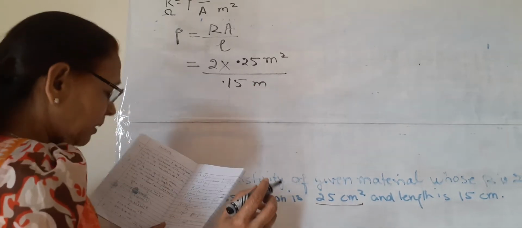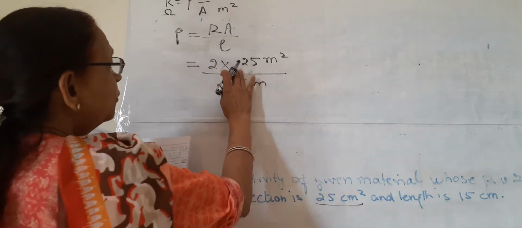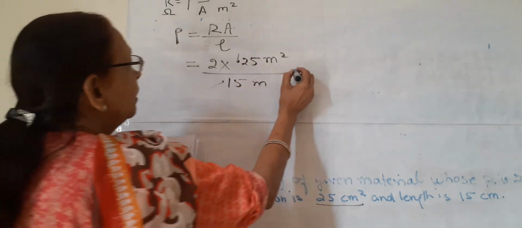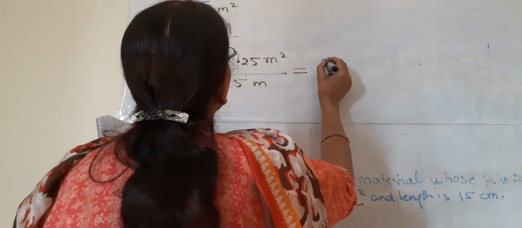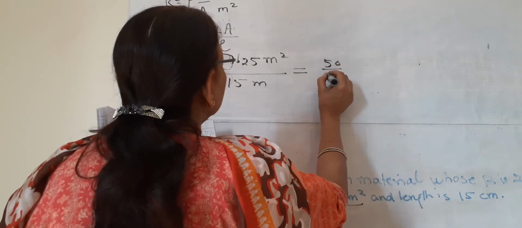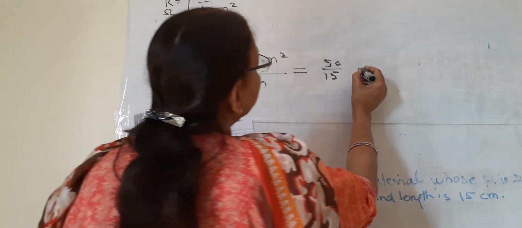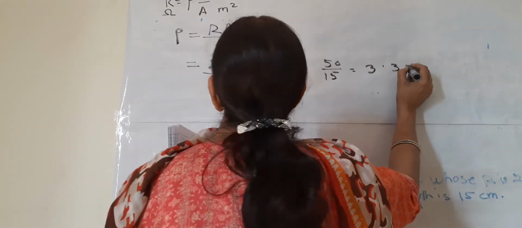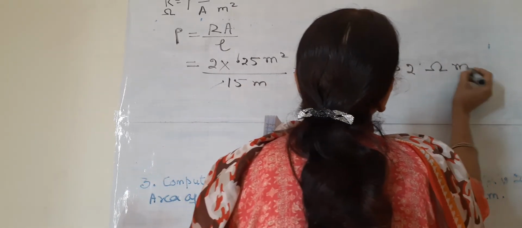So this is our equation now. 2 into 0.25 upon 0.15. So if we solve this, we will get 50 upon 15, which will be 3.33 ohm meter.